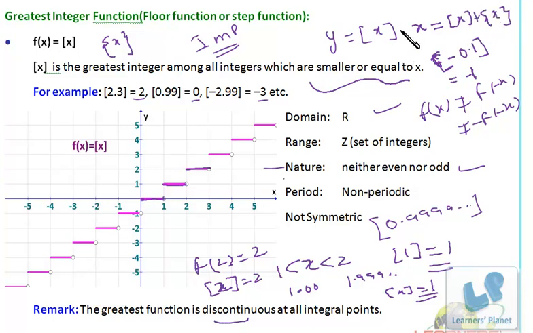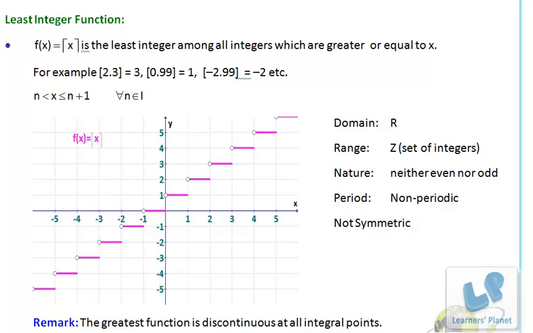Obviously. Similarly, we have the least integer function, that is, we represent it like this, ⌈x⌉, suppose I name it. It is the least integer among all integers which are greater than or equal to x, right? So 2.3, if it is written like this, the immediately bigger integer than 2.3 is 3, right? Immediately bigger than 0.99 is 1. Immediately bigger than -2.99 is -2, right? So the graph we draw over here is quite similar to the graph of the greatest integer function.